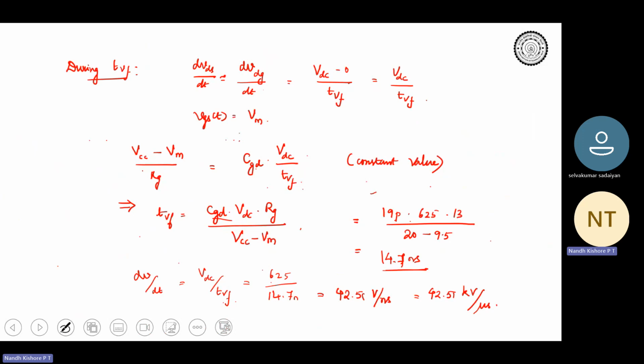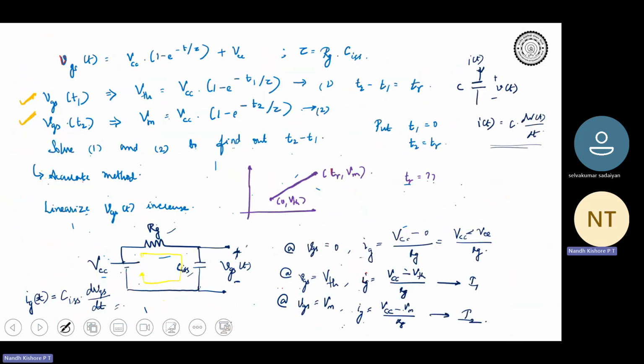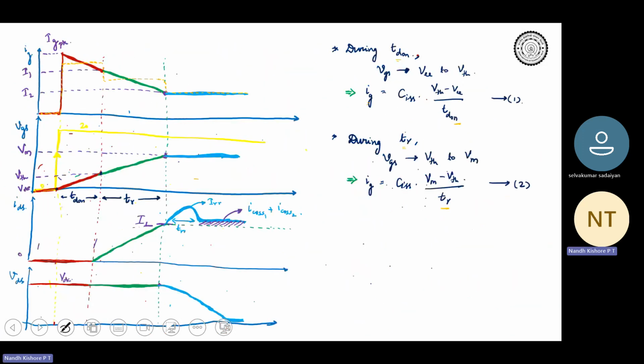Okay. So your voltage falls to a value very close to zero, right? One more thing, let me write over here. During TVF, your VGS remains at VM.